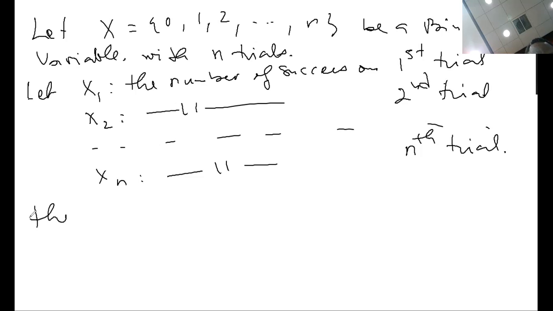Then x equals the sum of the xi. Simply put, if there are 3 successes, then there was 1 success in one of the trials, another success in another trial, another in another trial, and all other trials have xi equal to 0. Does that make sense to you?